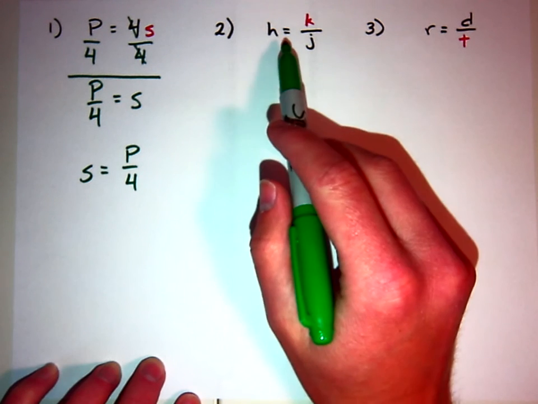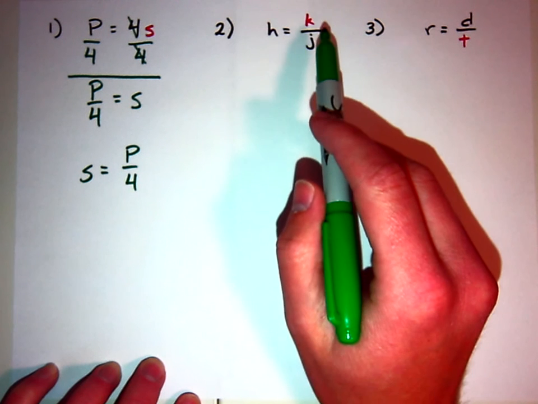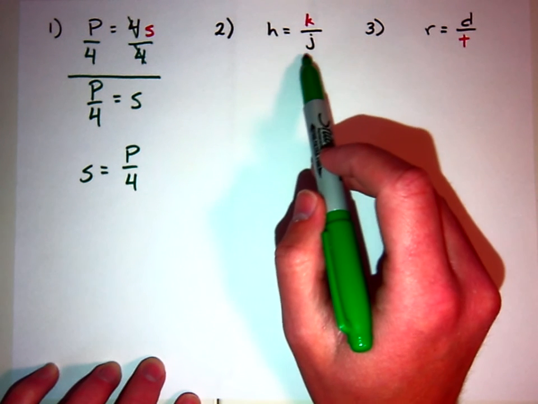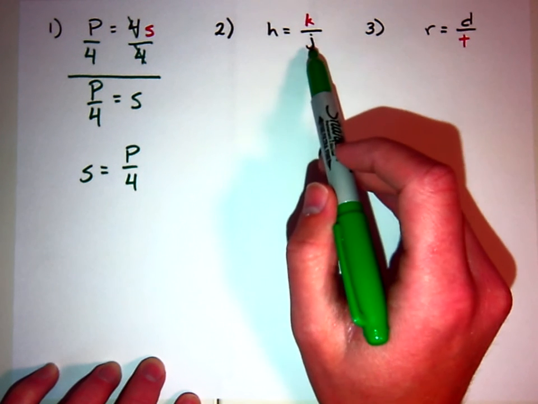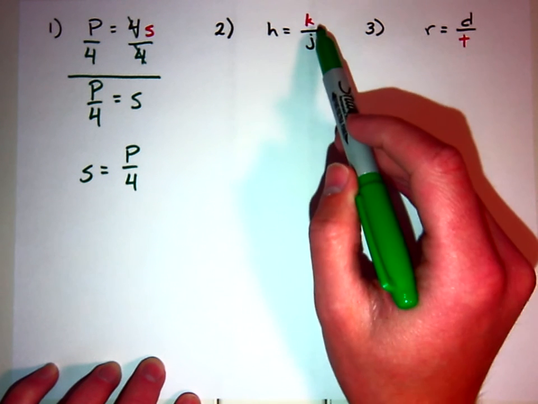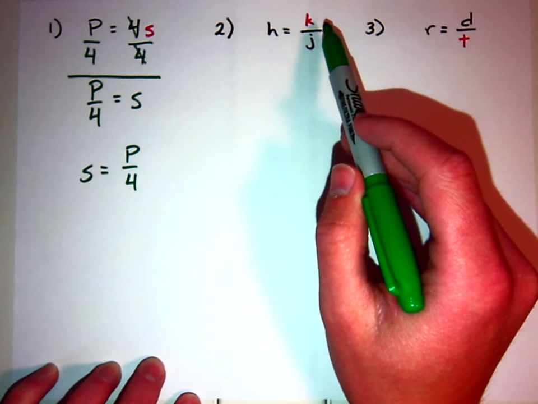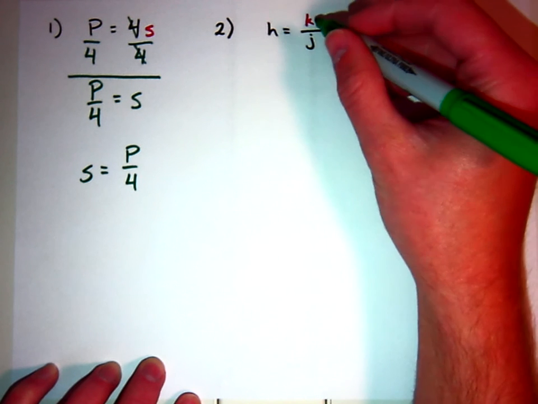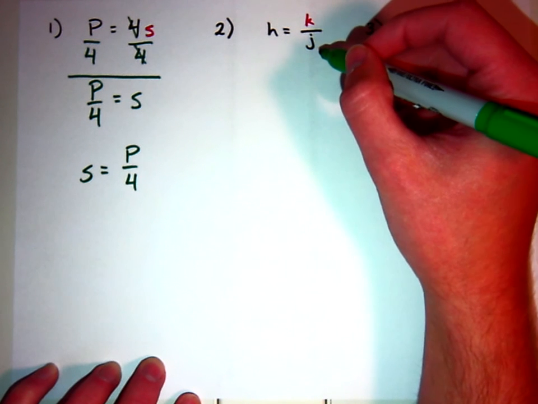Okay, for number 2, H equals K over J. I'm not sure that this is any straight up formula or if they're just putting in variables for you here. So we have H equals K over J. K is the variable we want to solve for. K is being divided by J, which means I need to do the inverse operation.